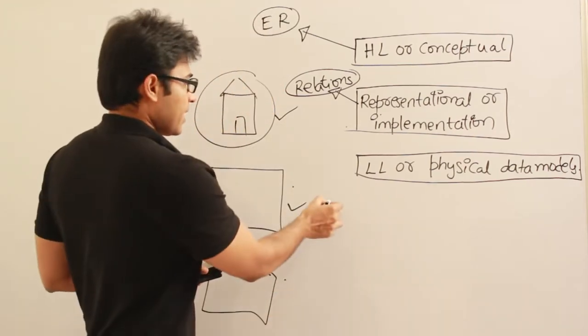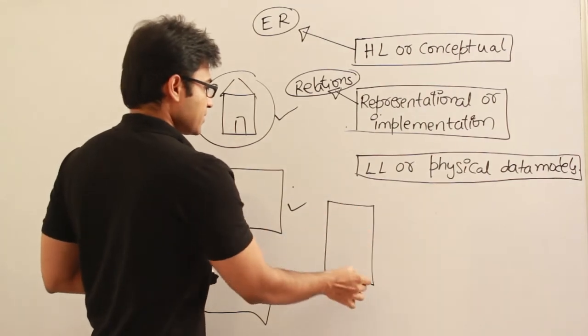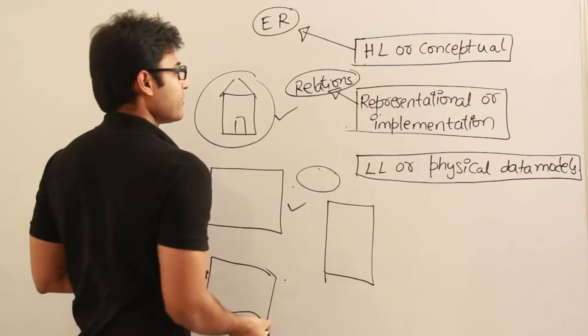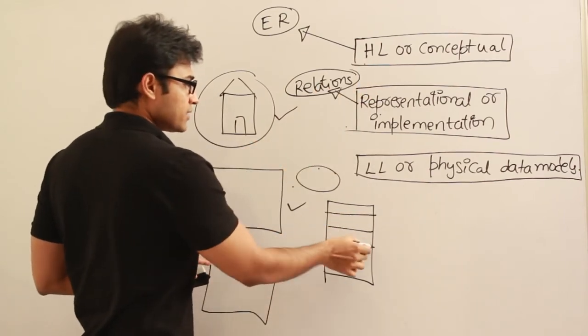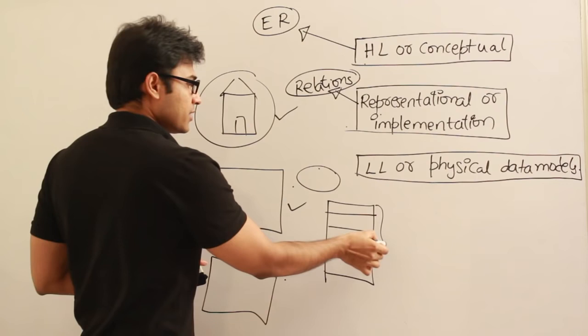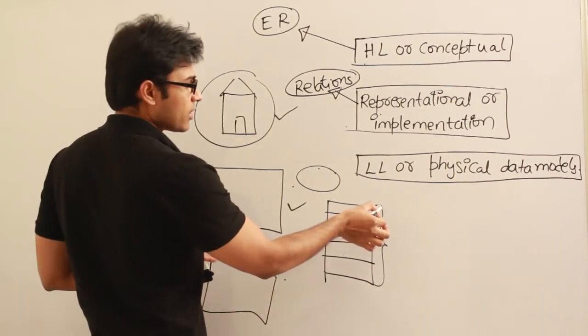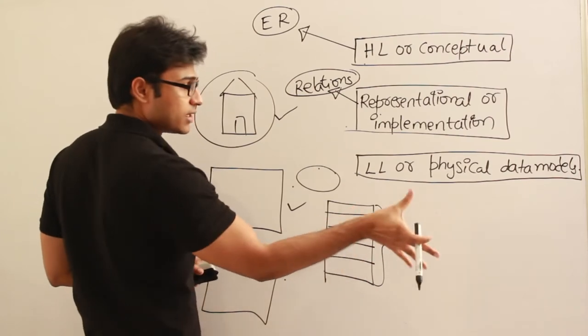For example, if an entity is represented like this in a high level language, then a table will be shown like this as a set of rows and columns. But you are not going to save the entire table image in memory.